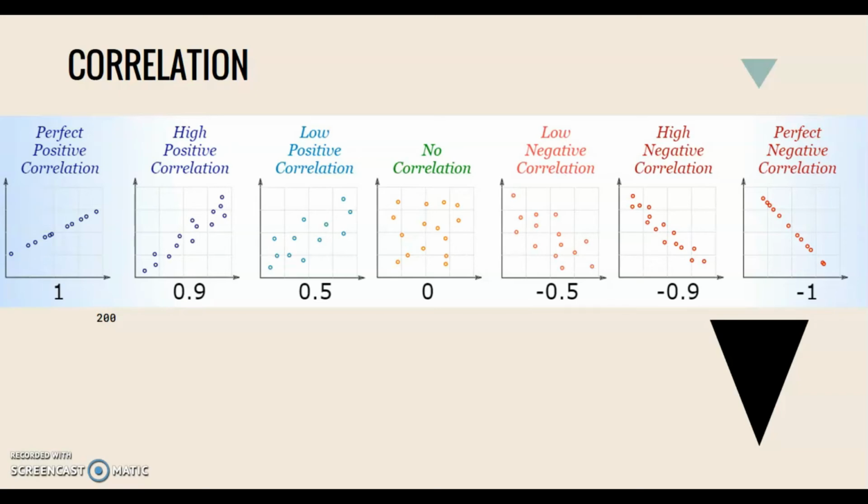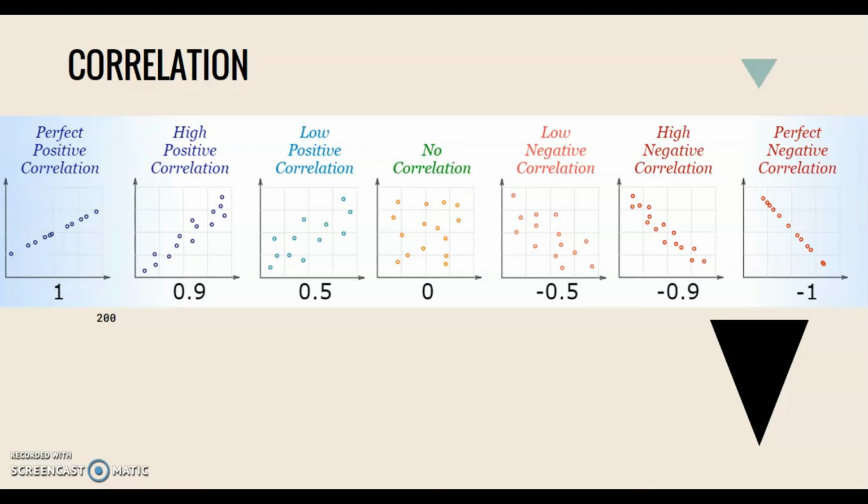And then low positive correlation, it is scattered again, so it has low positive correlation. No correlation if the values don't seem to form a line, or if the values don't increase.